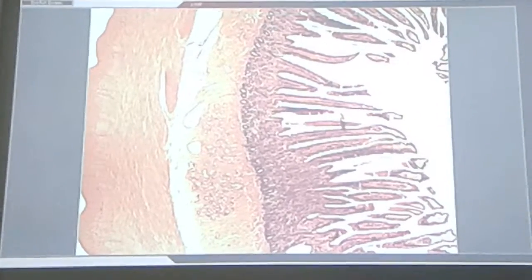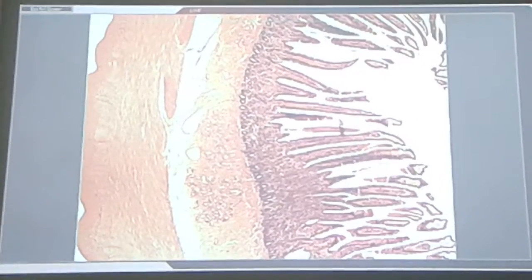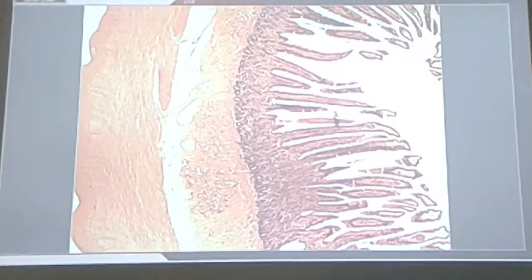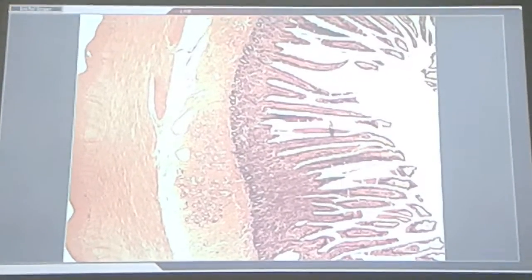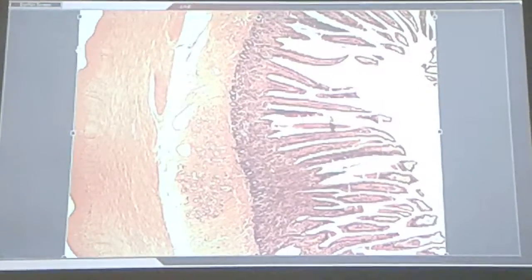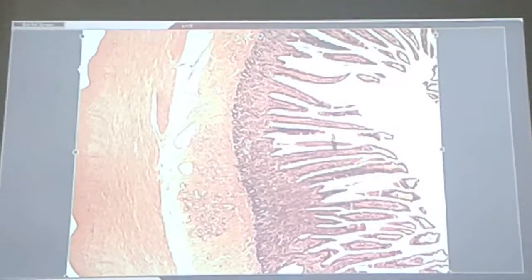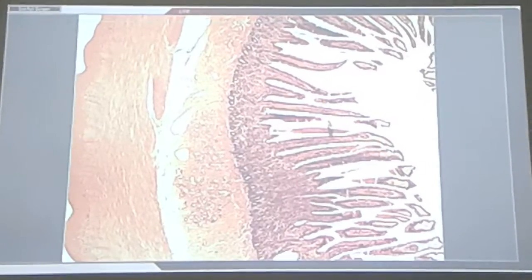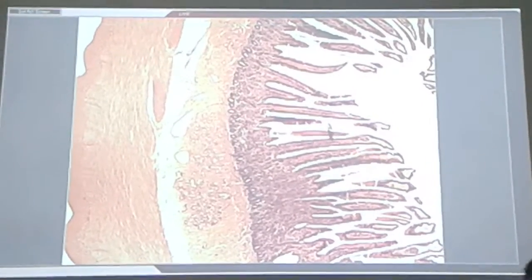As you have learned in your theoretical lectures, the muscular layer of this stomach is smooth, isn't it? Yeah? All right.